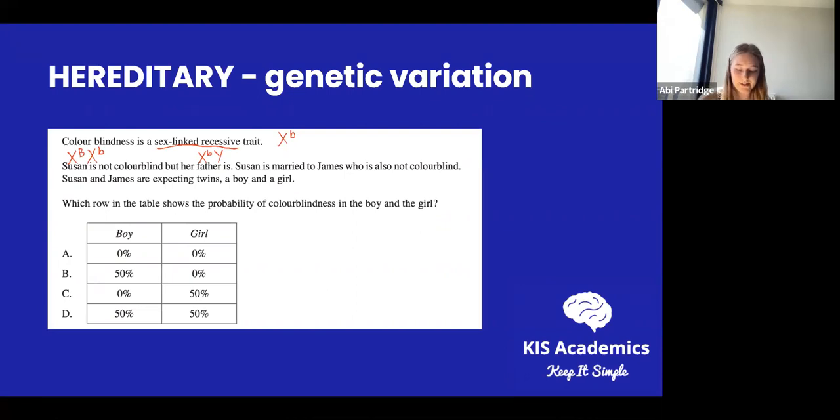Okay, so then it says Susan is married to James, who is also not colorblind. So the only way that James could be not colorblind is if he has the dominant allele. And then he would also have a Y chromosome. And it says Susan and James are expecting twins, a boy and a girl. So for this, we'll just make our Punnett square using Susan and James. So we'll put Susan up the top.